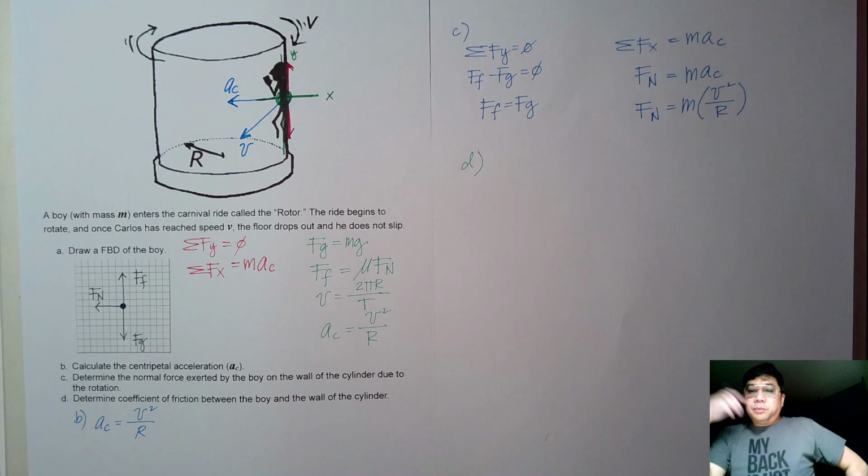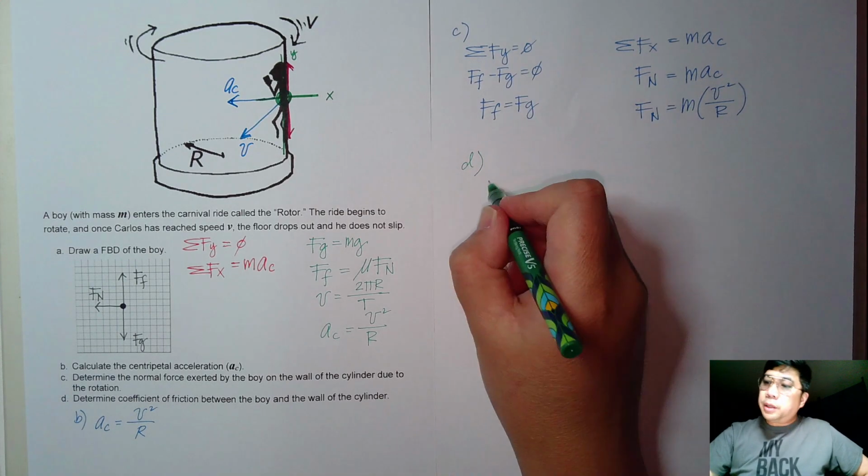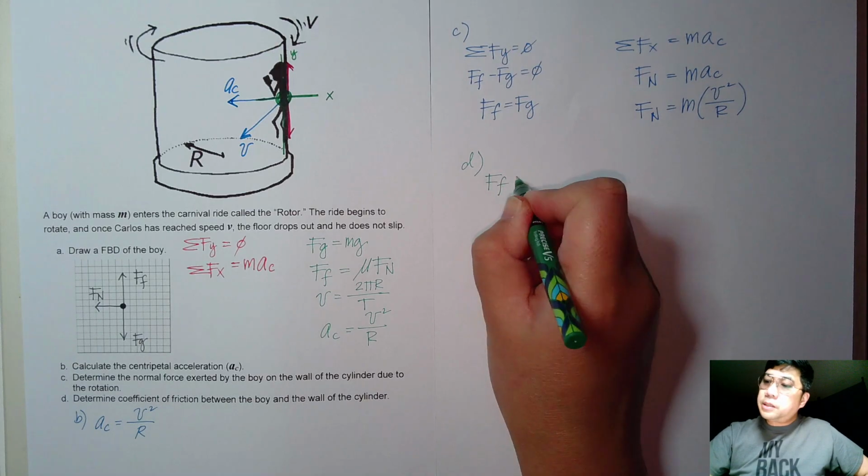Now, this time, determine the coefficient of friction between the boy and the wall of the cylinder. Okay, so from letter C, we all know that the force of friction is equivalent to Fg.